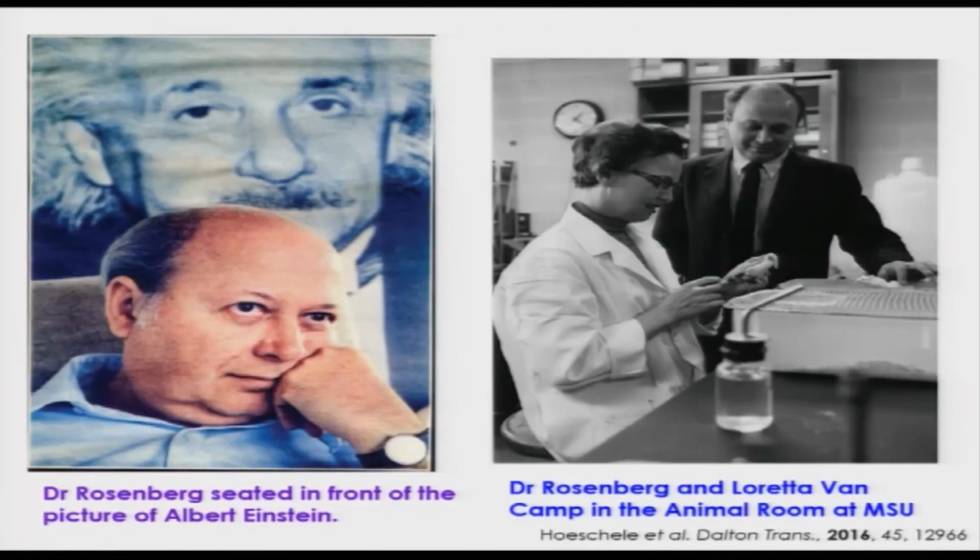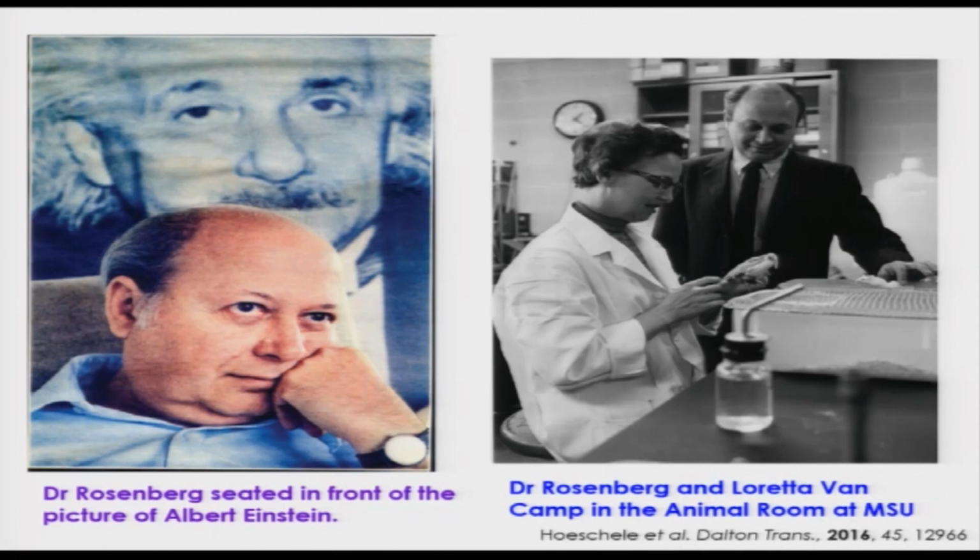Dr. Rosenberg's picture is shown over here. He is sitting in front of a picture of Albert Einstein. And here is another picture of Dr. Rosenberg with Loretta van Camp in the animal room at Michigan State University.